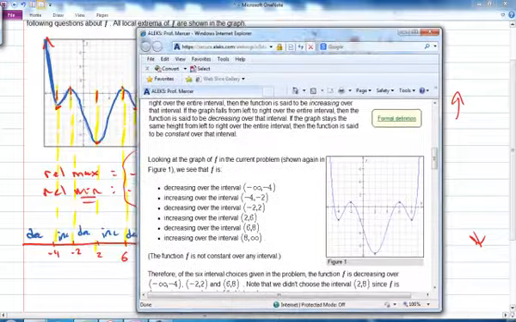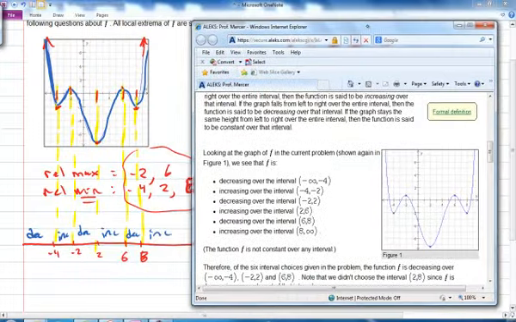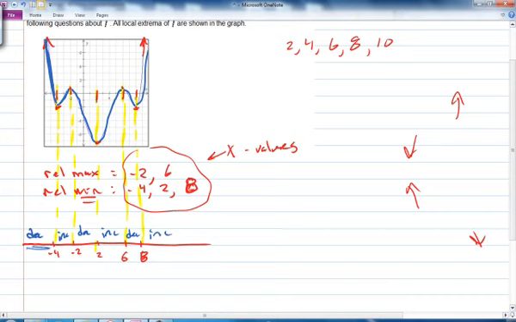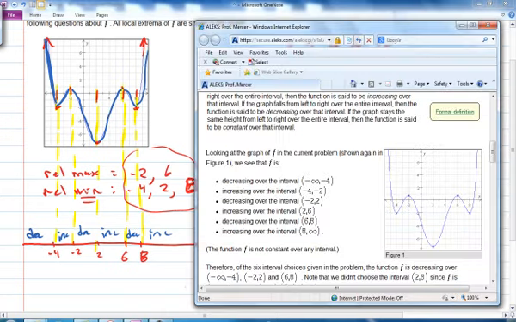There, you can fit it all. So there's how you can see it's decreasing over the interval negative infinity to negative 4. That's this first interval right here. And then it's increasing from negative 4 to 2, then decreasing, then increasing, decreasing.